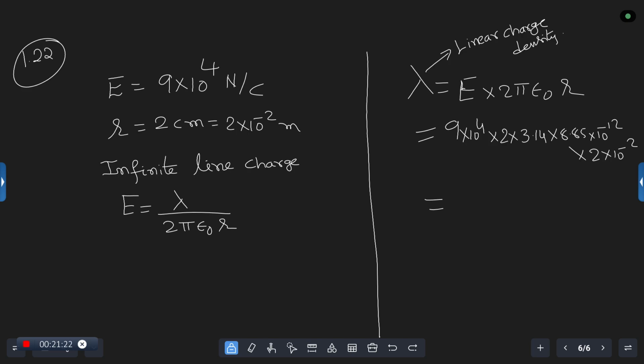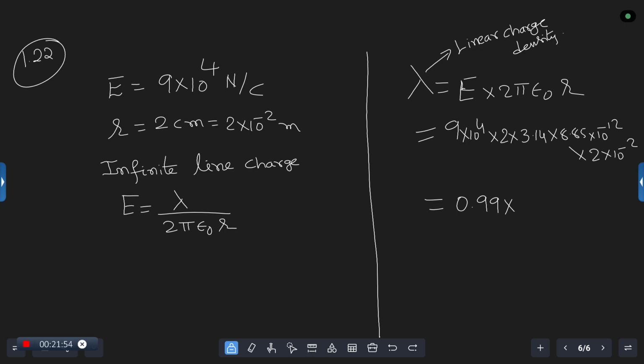10 power minus 20? 0.99. 10 power 8 or minus 9? Minus 6.